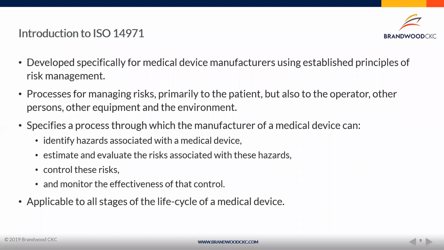If you can initially identify what the risk may be, and that includes known risks and foreseeable misuse, then you can evaluate those risks. You can attempt to control those risks as much as possible. So we try to find mitigations, we find controls within the process to reduce those risks as much as feasible. And then we monitor how effective that control is.